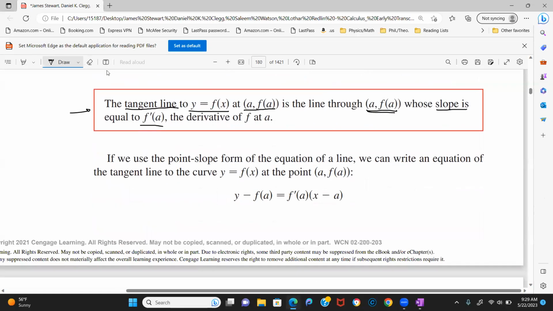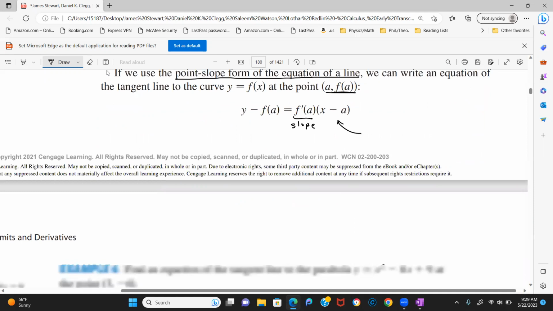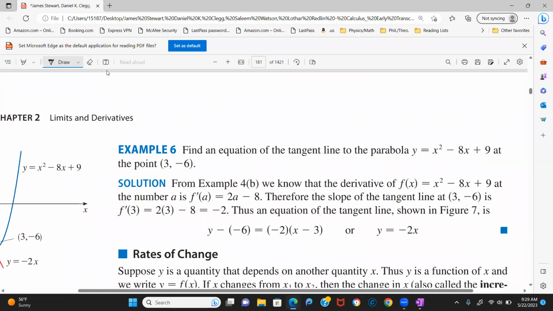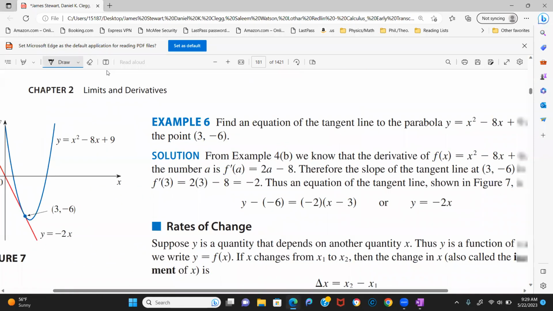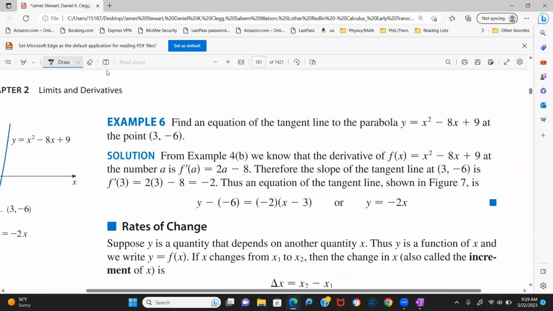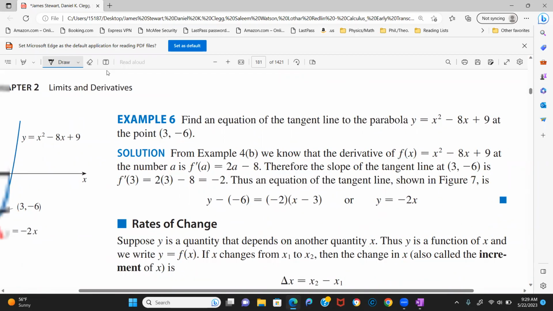And so what that means is that if we want to find the point slope form of the equation of this tangent line, and it goes through this point, it's going to have this form right here. This is the slope. All right, and then we went through this example already. Actually, I think we went through this exact example.